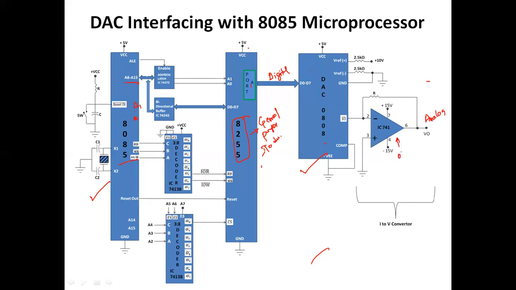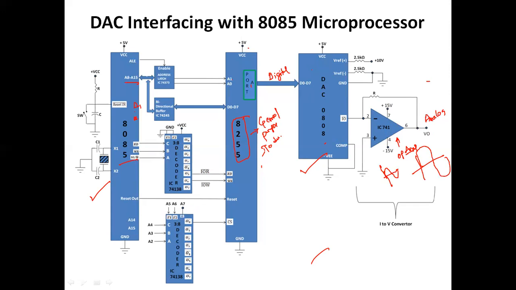This is an op-amp. Op-amp is nothing but an operational amplifier. What do you mean by an amplifier? Suppose the signal is like this, then the analog signal will be boosted. That is the purpose of this operational amplifier. Here we have IO read and IO write, which are used for reading and writing purposes.